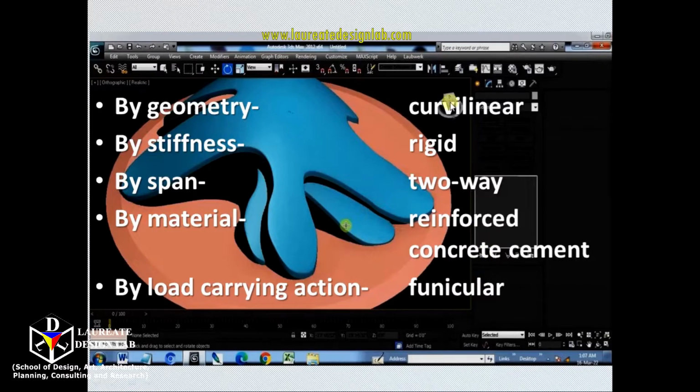Means the most important point is that it is a curvilinear structure, a two-way structure and a funicular structure. If we further narrow down how to call this structure, we can call this structure curvilinear and funicular.